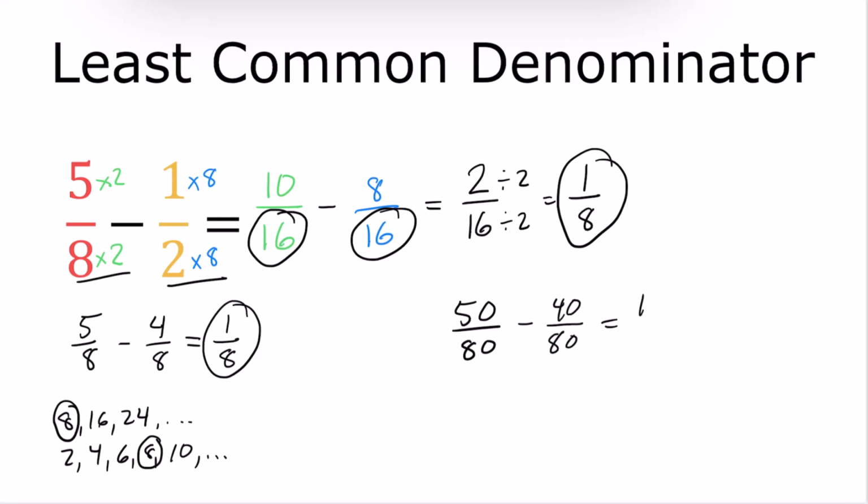And when you subtract that, that would give you 10/80ths. And when you reduce that by dividing the top and bottom by 10, you'd get 1/8. So that would be another common denominator you could use. And there's an infinite number of them because there's an infinite number of common multiples. But if you find the least common multiple, then it will be the easiest to reduce your answer.